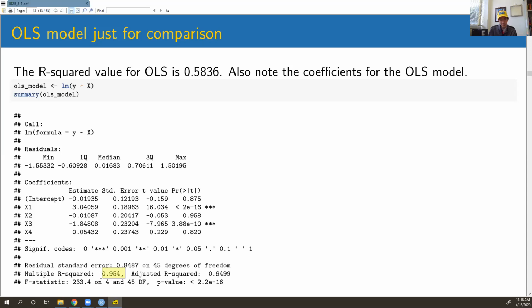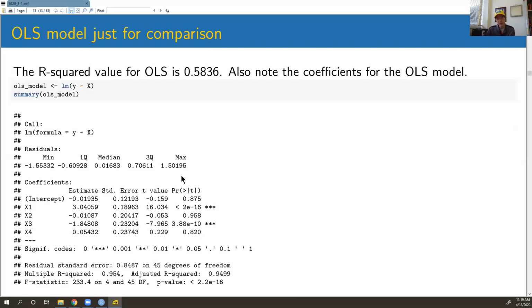Take note of the coefficients. The coefficients for x1 through x4 start off at 3.04, negative 0.01, negative 1.84, and 0.05. OLS correctly identifies that only the x1 and x3 terms are significant.